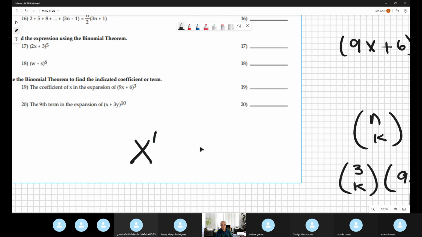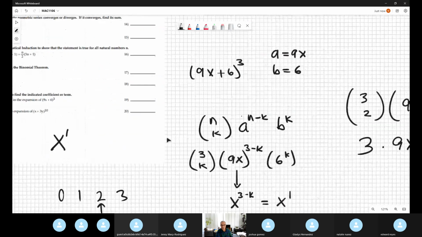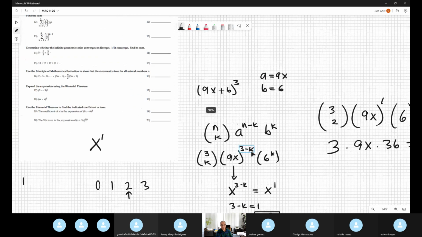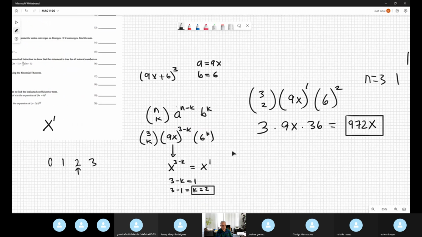Now, 1 is the exponent of the x, but not necessarily k. Because in the formula, if n is 3, 3 minus k is 1. So you determine the k, and when you have the k in your hand, the rest is super easy. Super clear or confused?